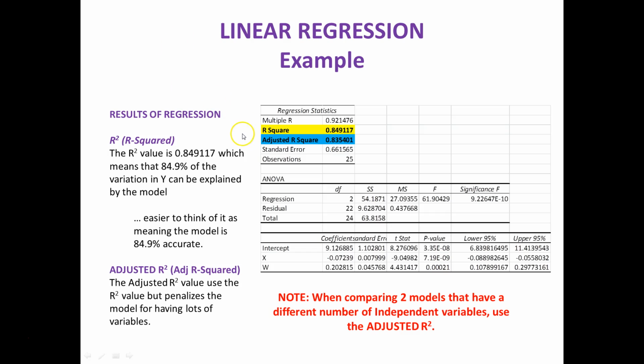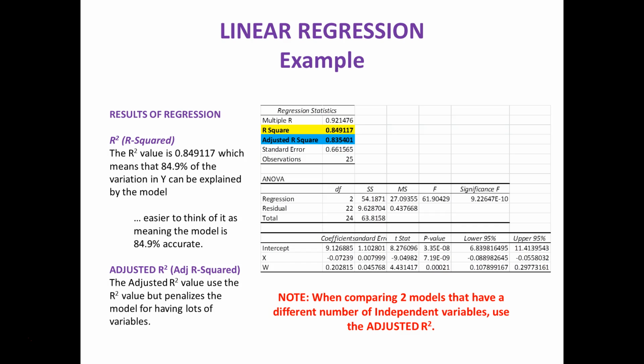Now, remember in our previous video we had R-squared, and when we added another column of random variables, this R-squared value got better. Why is that? The more variables you throw at it, even if they're random, it will make the R-squared value go up, or it will never go down; it will either stay the same or go up.